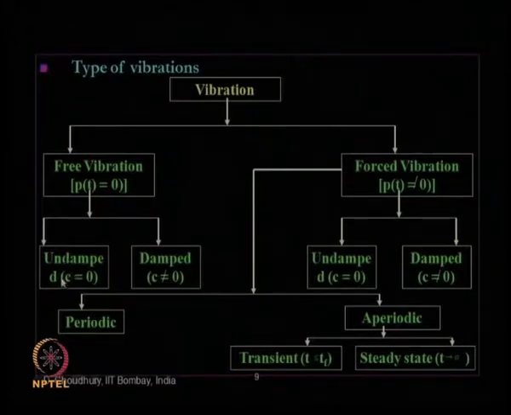Undamped means the damping constant is 0, no loss of energy, and damped means the damping constant is non-zero, so there is loss of energy. In a similar way, forced vibration also can be undamped or damped depending on whether c is 0 or non-zero. Another subclassification of forced vibration is aperiodic and periodic.